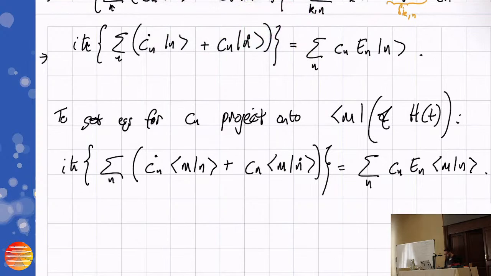Now, again, we have the fact that all of my m's and n's are just the instantaneous eigenstates of the original Hamiltonian. So when I have these inner products, these guys are just Kronecker deltas. This is delta mn. This guy is a delta mn.